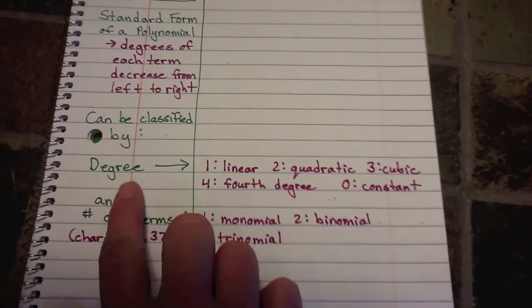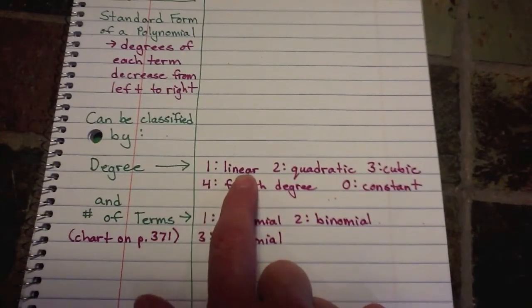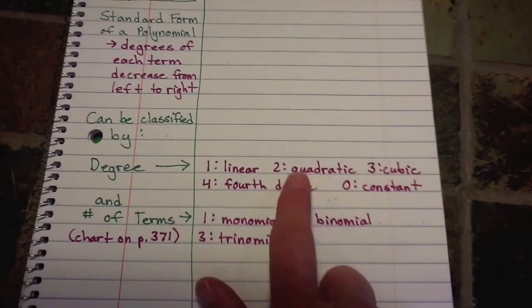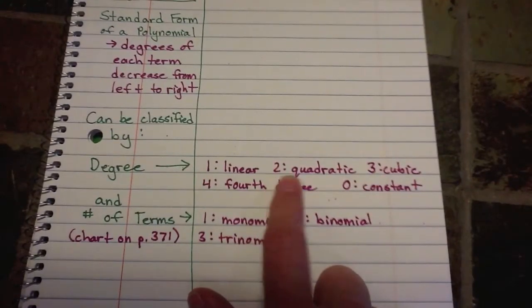Some of these you should recognize, like when you have something to the first power, a degree of 1, it's a linear equation. Think about our linear equations from first semester, something like 2x plus 4. Those were to the first power. Your x and your y were to the first power. Second power, we've already talked about a little bit, is called a quadratic, and that's second degree, or an exponent of 2.